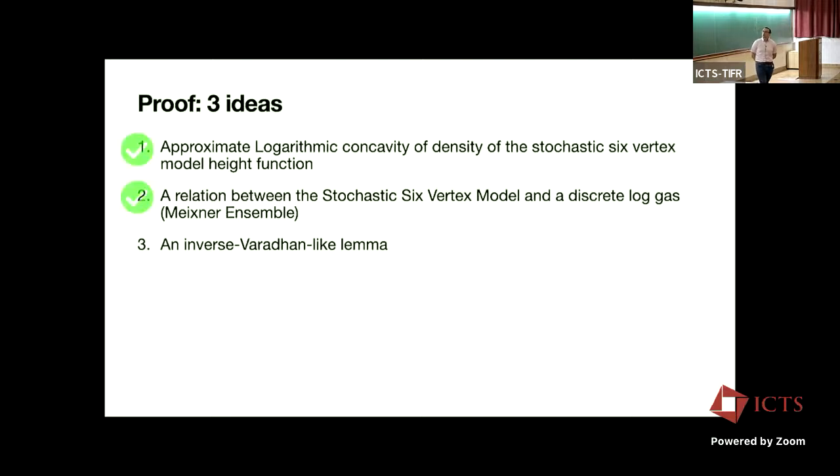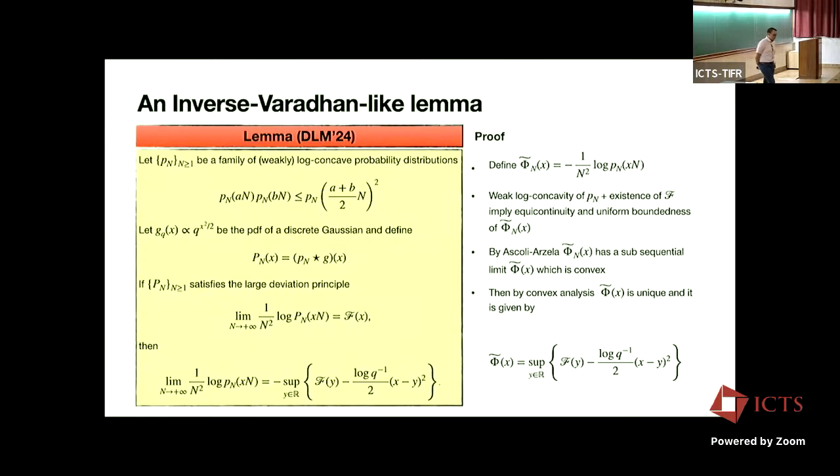So we have proven some asymptotic convexity, and we have proven a relation with log gases. We need to close the circle and say that the rate function exists and it is unique. And for this, there is something that we call the inverse Varadhan-like lemma.